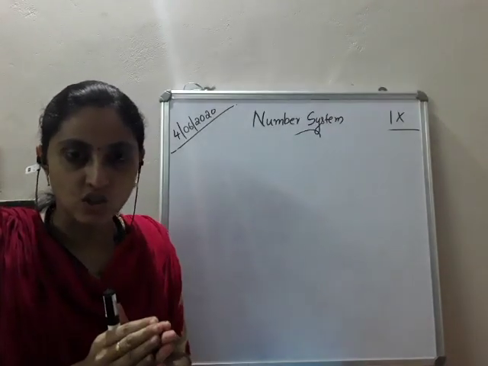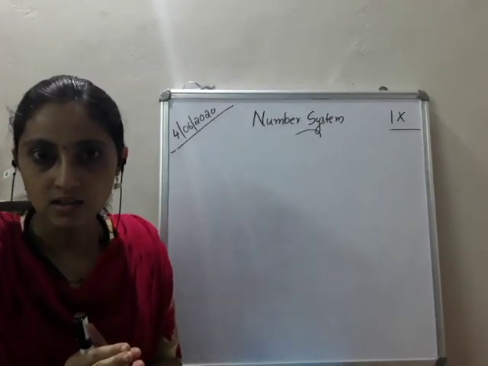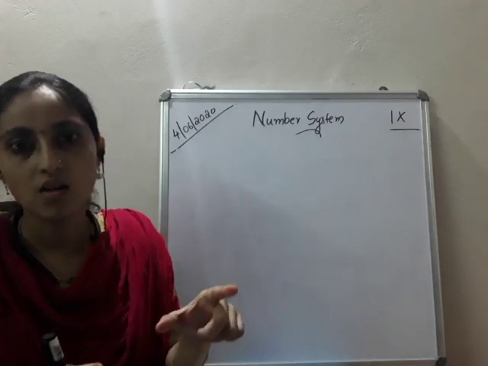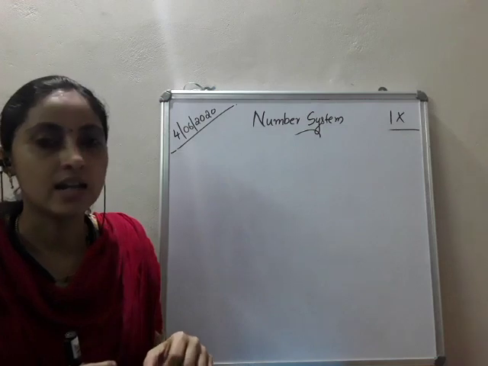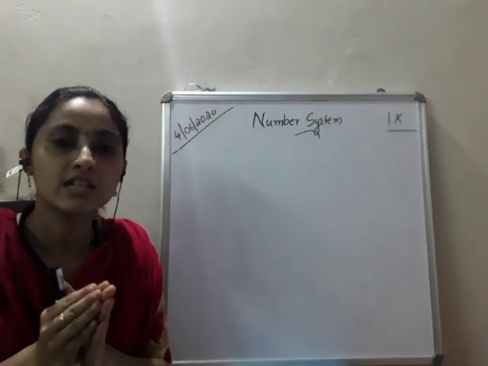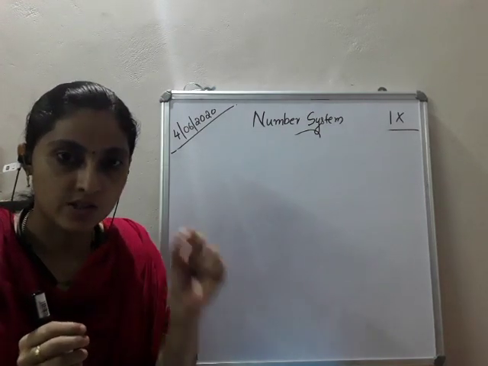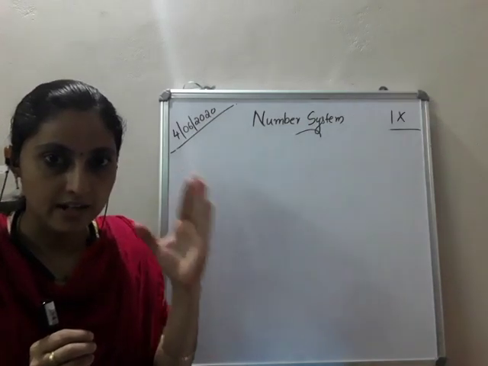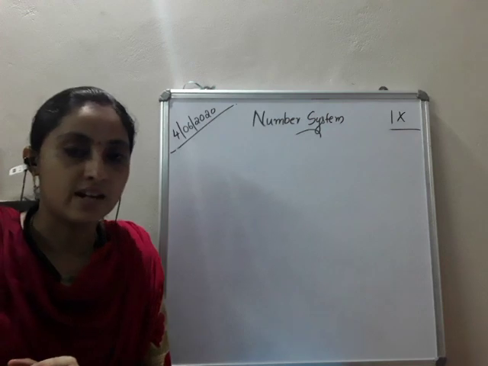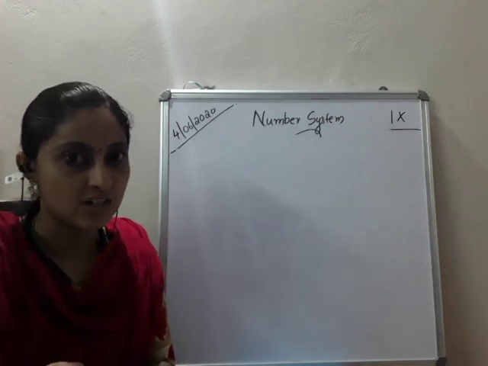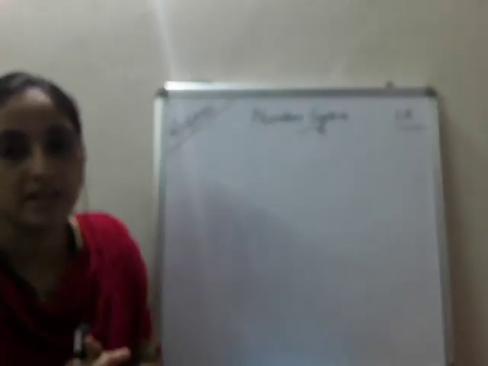The decimal expansion of a rational number is either terminating or non-terminating repeating. We first wrote a rational number and divided it, and from that we got a conclusion whether it is terminating or non-terminating repeating.